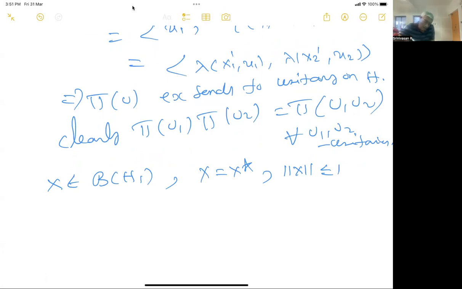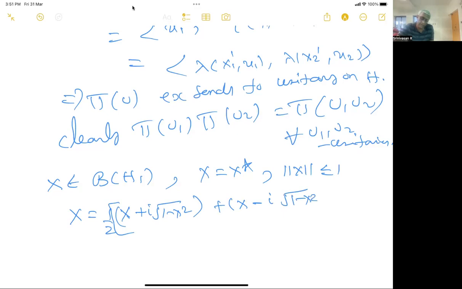Then you can write x as half of x plus i times the square root of 1 minus x square, plus x minus i times the square root of 1 minus x square. This is the cosine. If you want, theta of x is cos inverse of x.